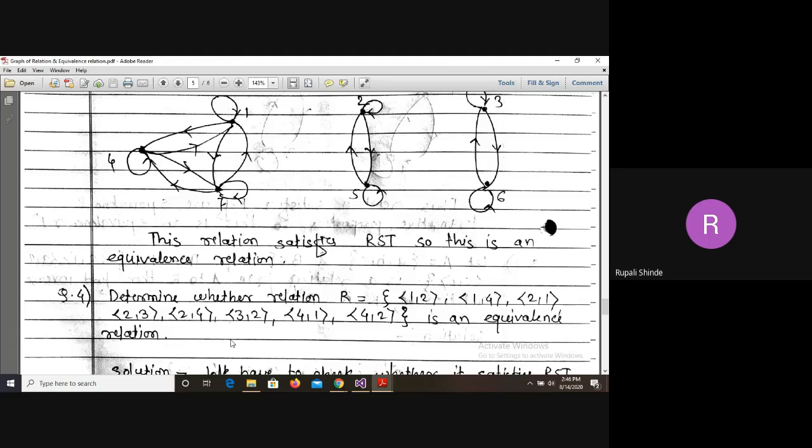No. So this is not an equivalence relation. For an equivalence relation, it should satisfy all three properties: reflexive, symmetric, and transitive. But this given relation is not reflexive. That's why we are not going to check the rest of the properties. Directly we can say that this is not an equivalence relation.